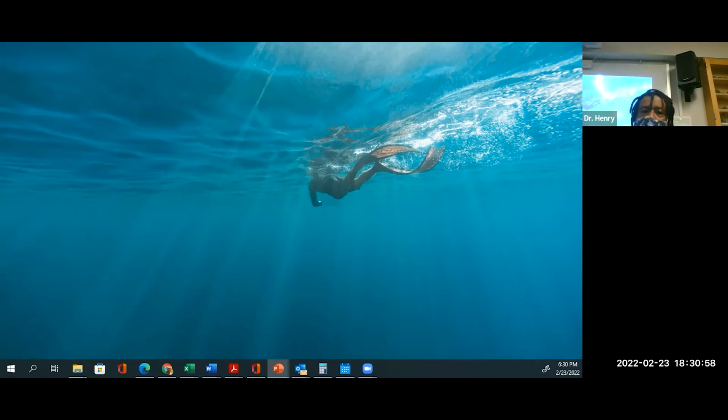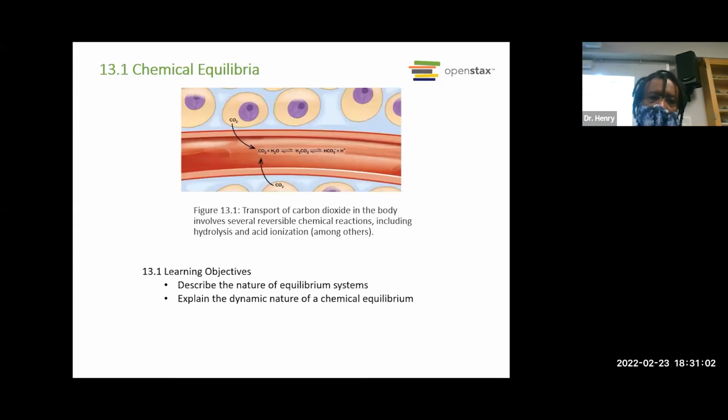Okay, so we're talking about chemical equilibrium. Chemical equilibrium is used in tons and tons of processes, especially the body itself. Here's an example of the transport of carbon dioxide in the body, and it involves a chemical reaction.